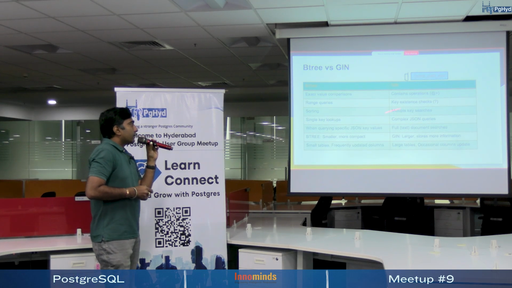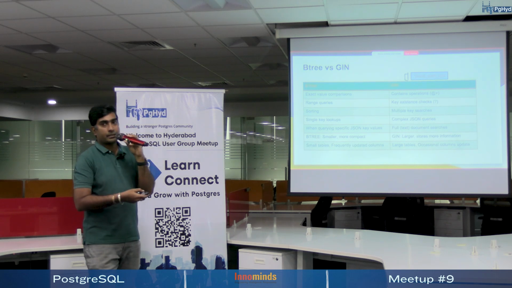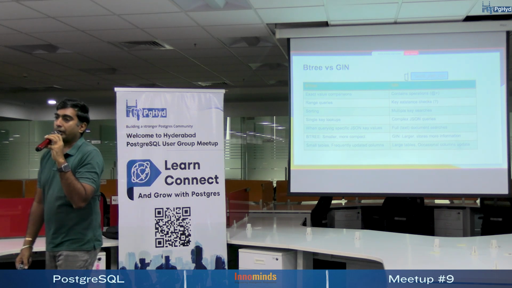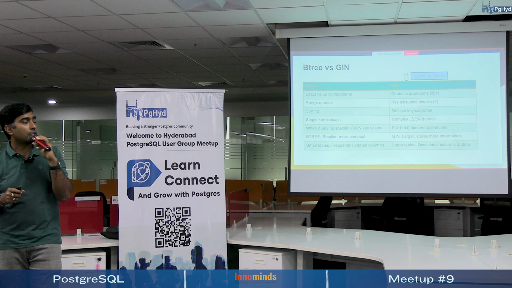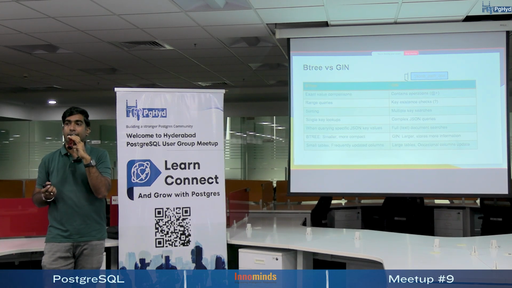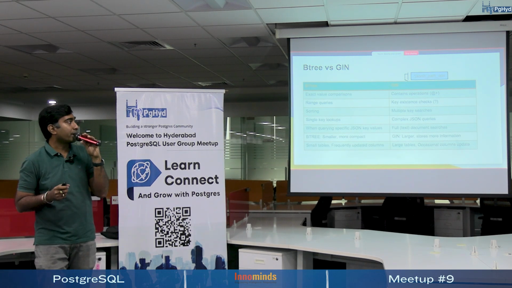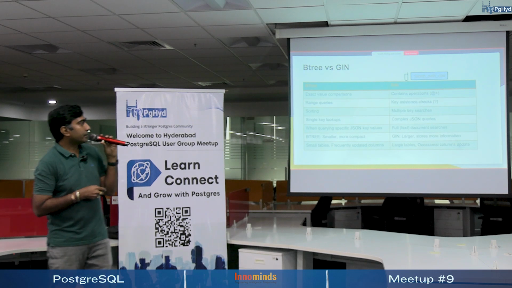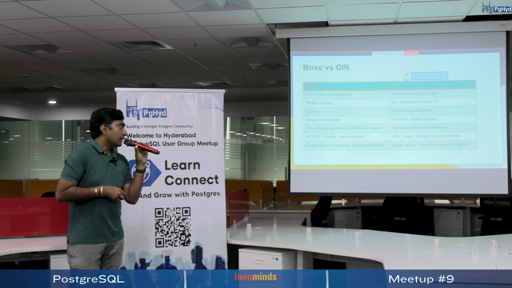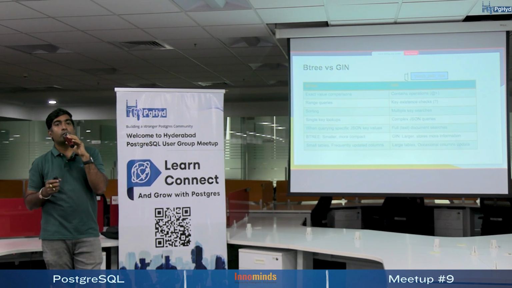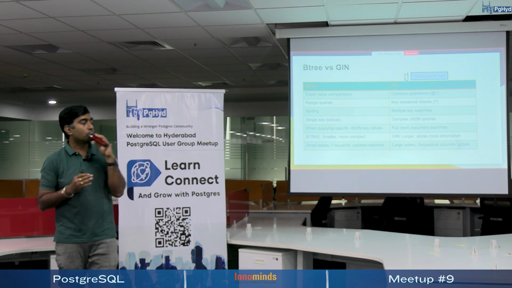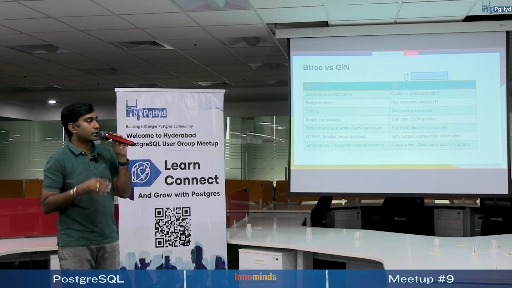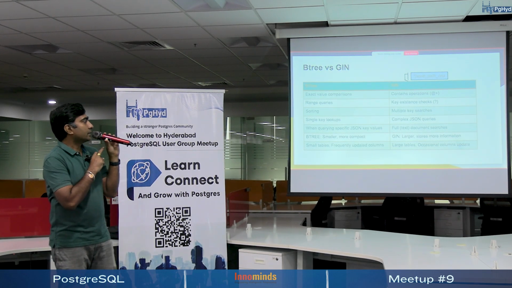And for any complex JSON queries, which means, as my colleague said, if you have multi-level hierarchy JSON nodes that you are maintaining in your data, then this is the right candidate. And if you would like to apply any full text kind of search on this particular column, you just go with the GIN.